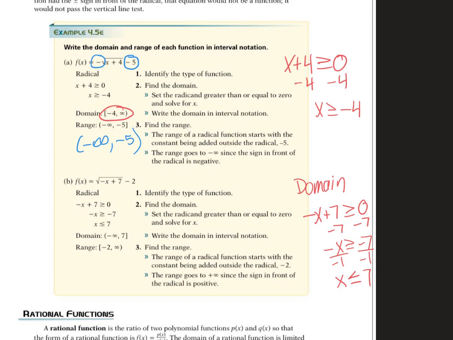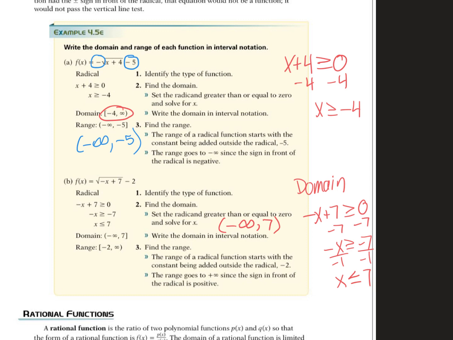So that means x is everything less than 7. We're going to go from -infinity up to 7. So we want to start at 7 and go down for the domain.